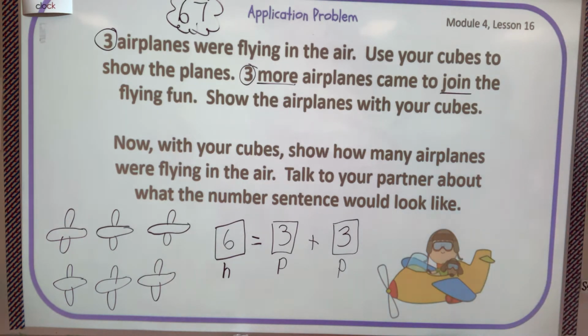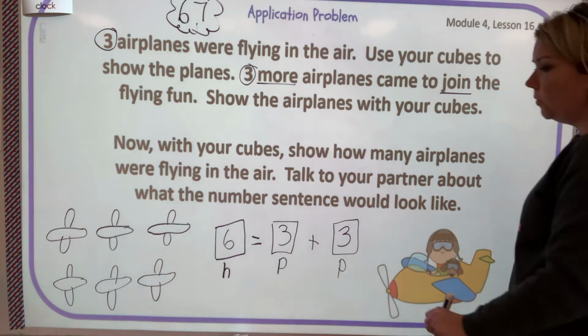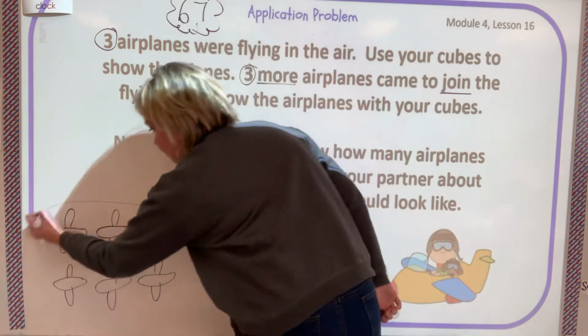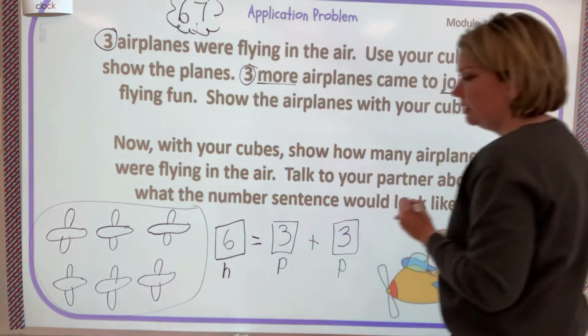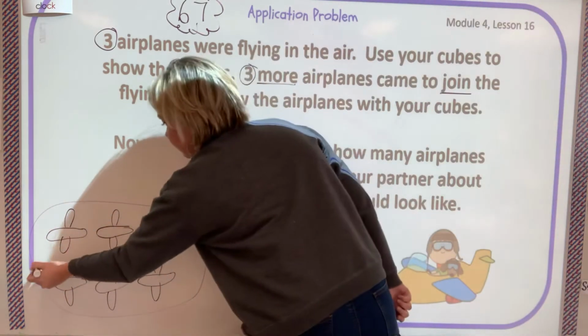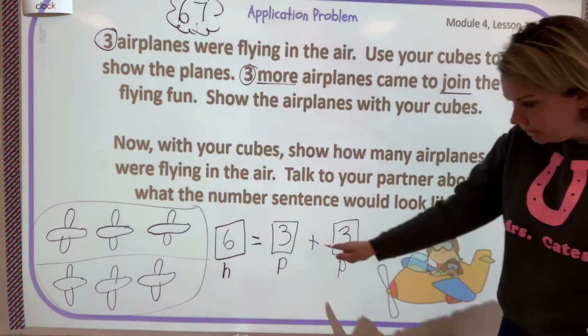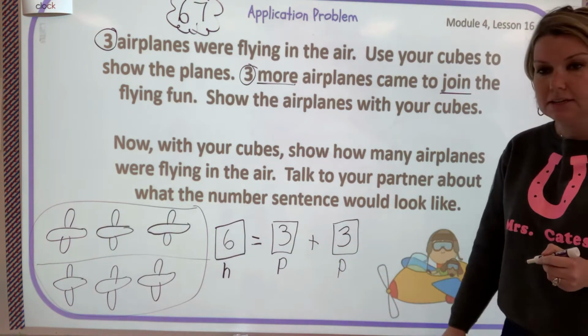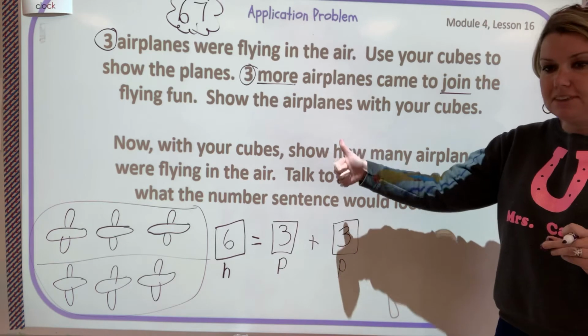Her number sentence says her whole is 6. That means how many we have all together. And her 2 parts are 3 and 3. Thumbs up if you agree with Carolyn.